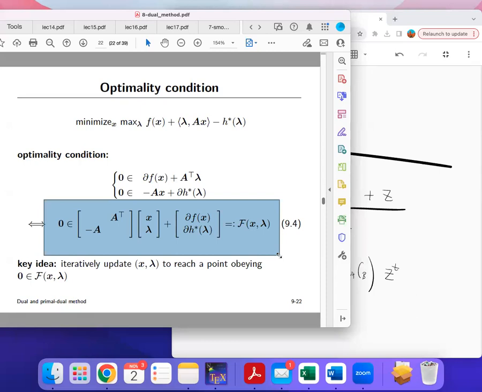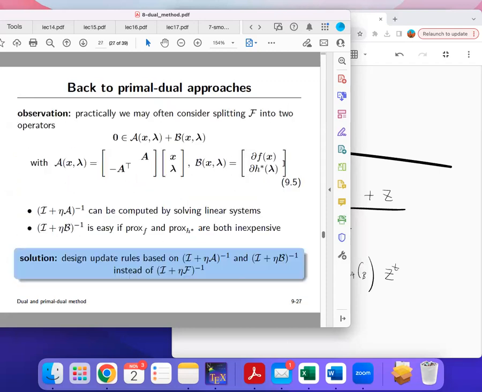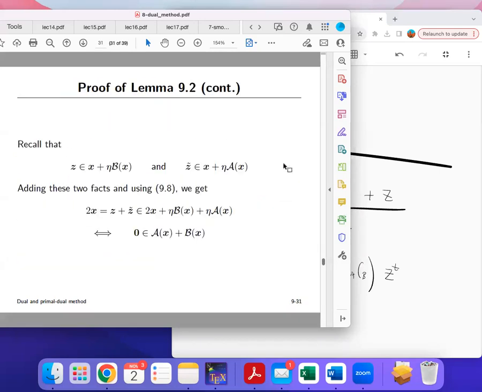However, this is not possible to do directly. So what we can do is apply the Douglas-Rachford splitting. We split this operator into operator A, a linear operator, plus operator B. We have these 2, and we then plug them into the Douglas-Rachford splitting algorithm. So this is what we do next.